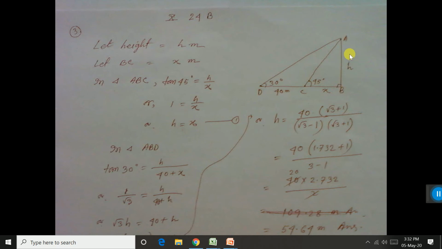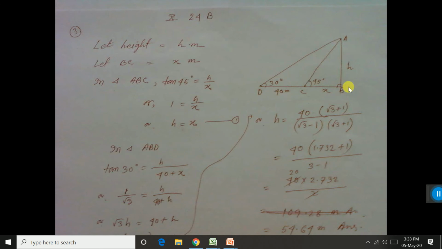The height I consider x meter, and BC length you consider x meter. Now triangle ABC, this is right angle triangle, then tan 45 degree equal to perpendicular by base, that is h by x. Tan 45 value is 1, cross multiply you do, so h is equal to x.